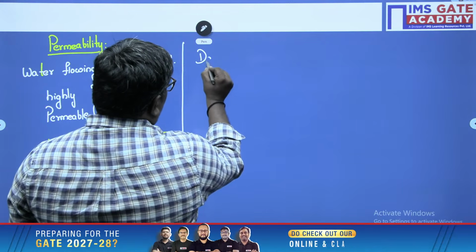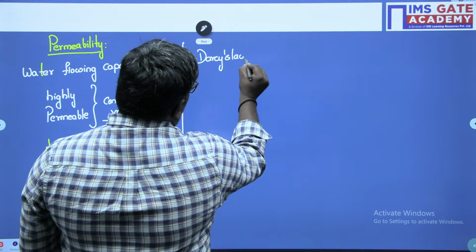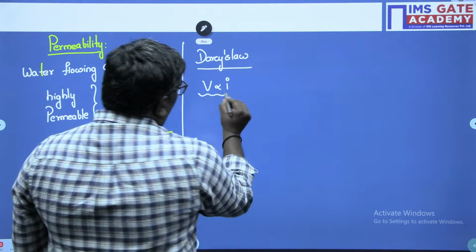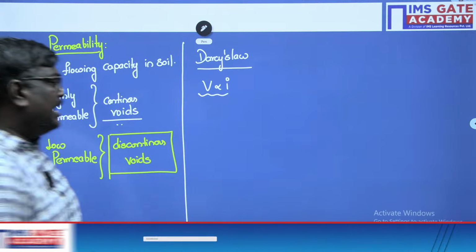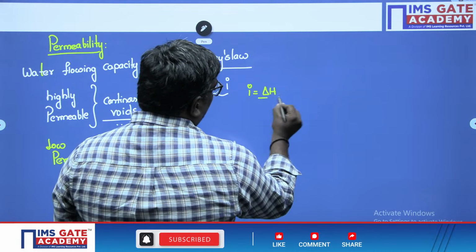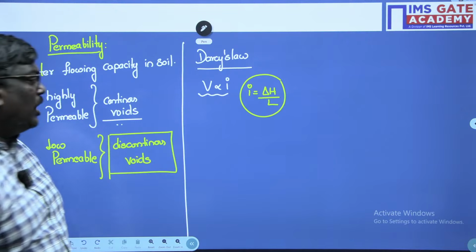Now, according to Darcy's law, velocity is proportional to hydraulic gradient.